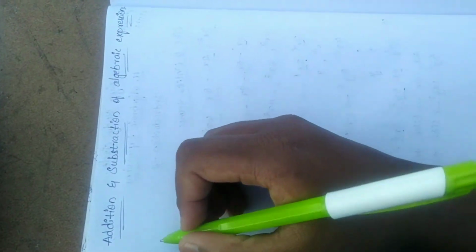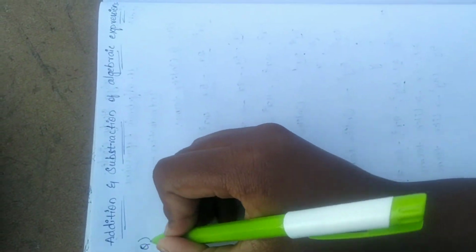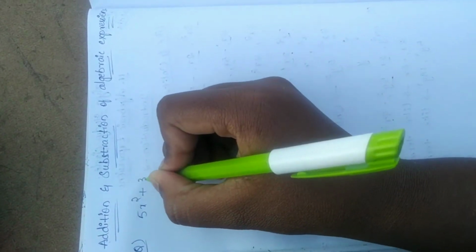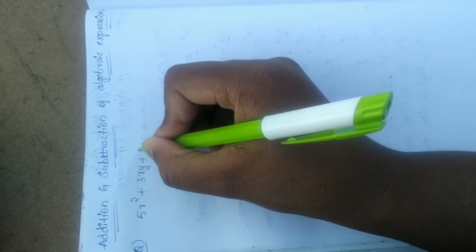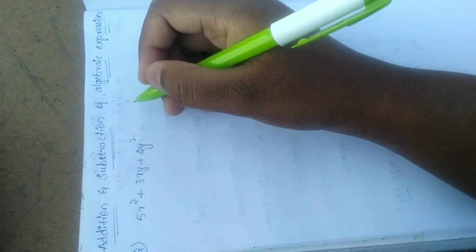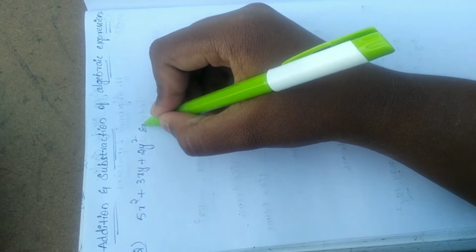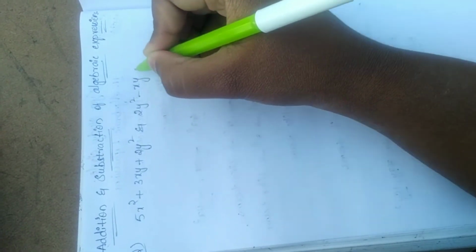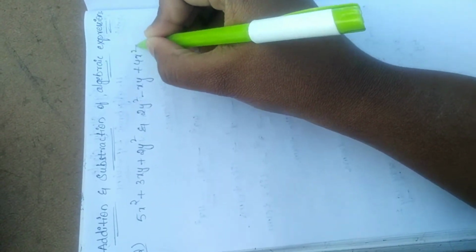Next one is how to do addition and subtraction of algebraic expressions. Let's see how to do it. Let's take an example. 5x square plus 3xy plus 2y square and 2y square minus xy plus 4x square.